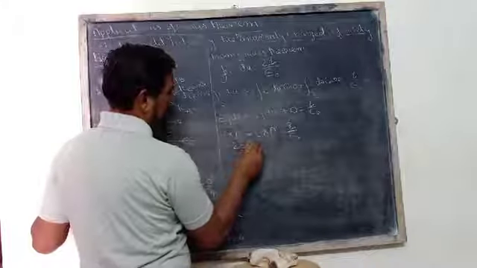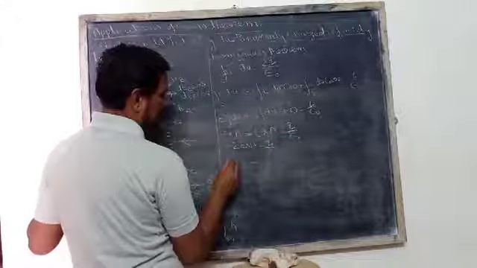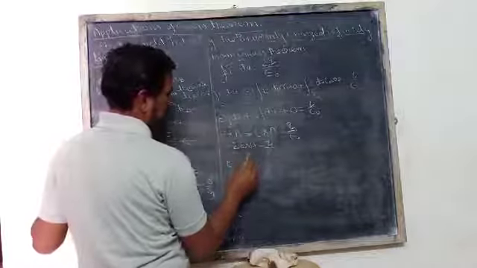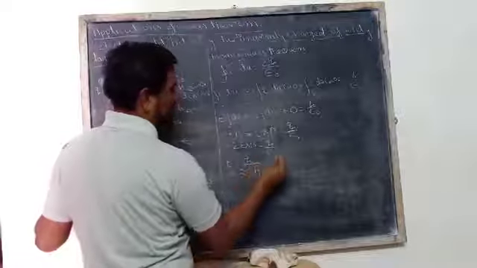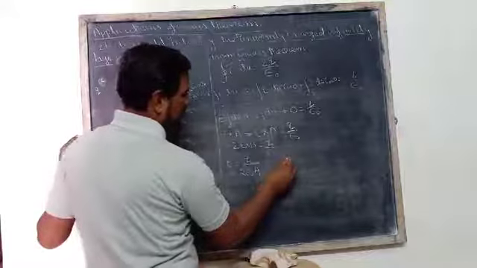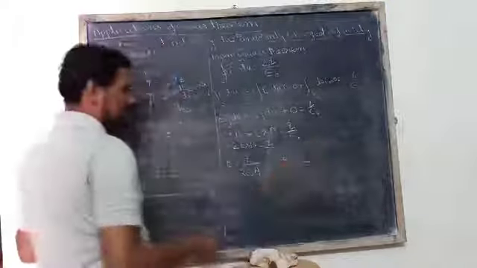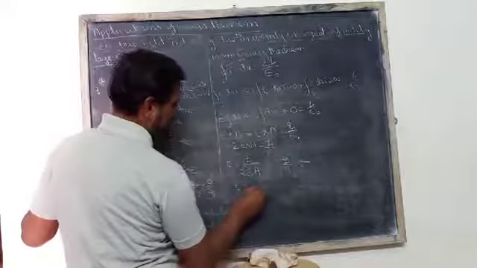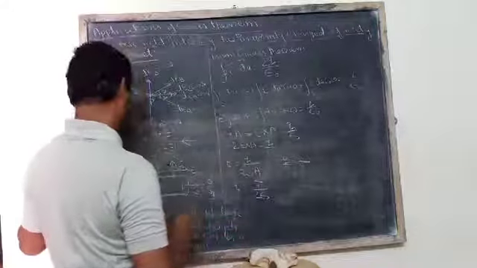So 2E into A is equal to Q upon epsilon naught, and the electric field intensity is equal to Q upon 2 epsilon naught into A. And Q by A is equal to sigma, the surface charge density. So E is equal to sigma upon 2 epsilon naught.